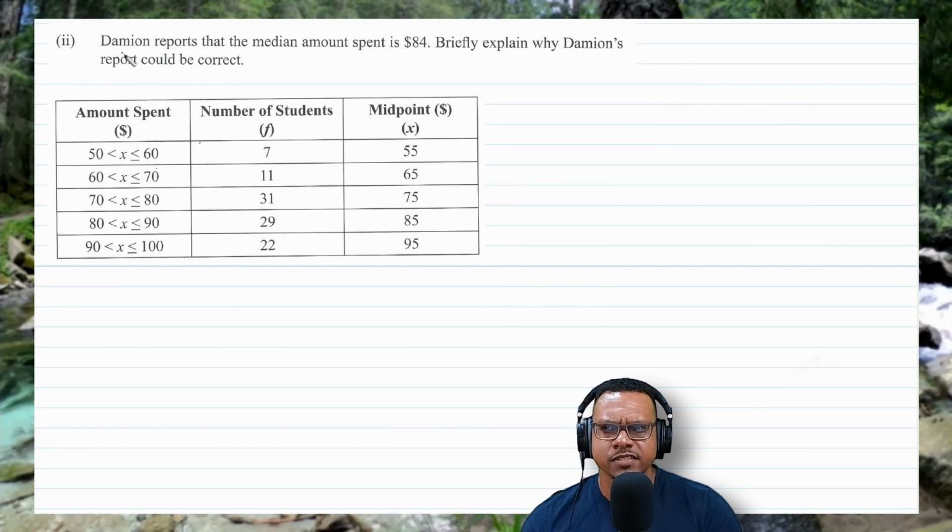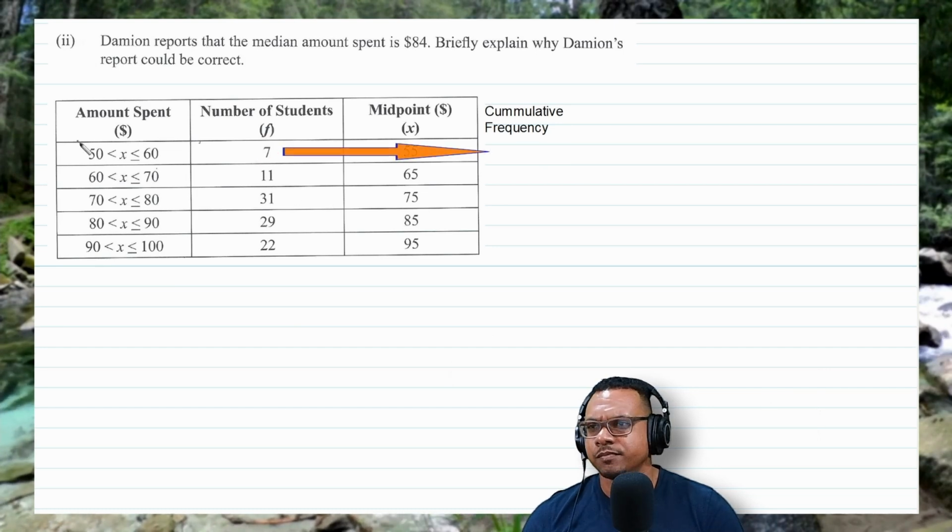Now for part 2 of this question, we have Damien reports that the median amount spent is $84. Briefly explain why Damien's report could be correct. Well, in order to know what the median is, we have 100 students and the median is halfway, which is 50. What we need is the cumulative frequency to determine the halfway point. So I'll write cumulative frequency here. And our first frequency is 7.